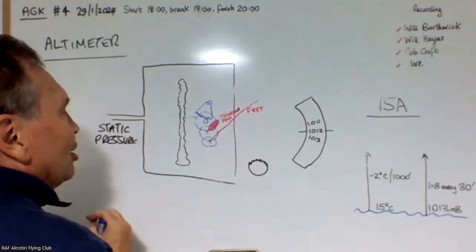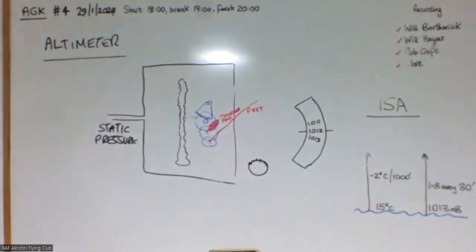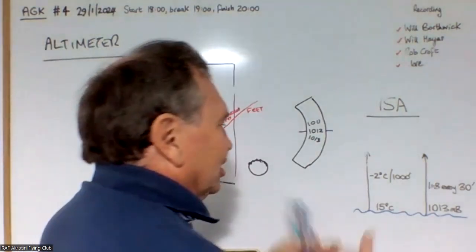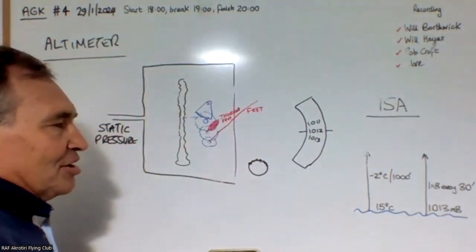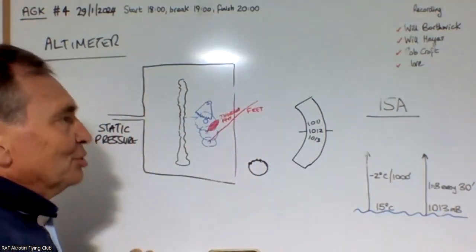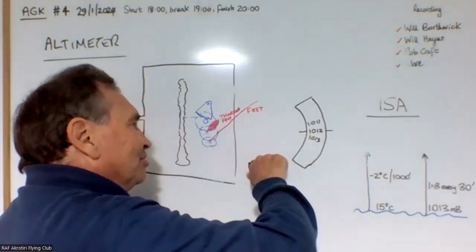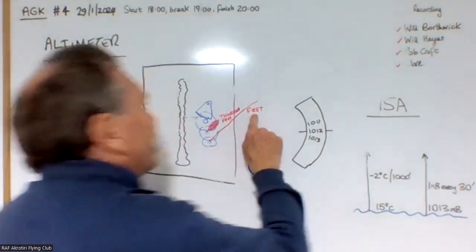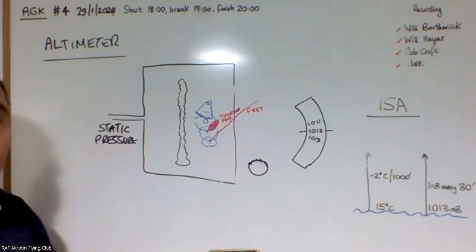And this alters the base reference, if you like, of your altimeter. So if the sea level pressure here isn't 1013, if it's like 1012, you can put 1012 on this subscale, and then this will actually be reading you feet above sea level for the day.